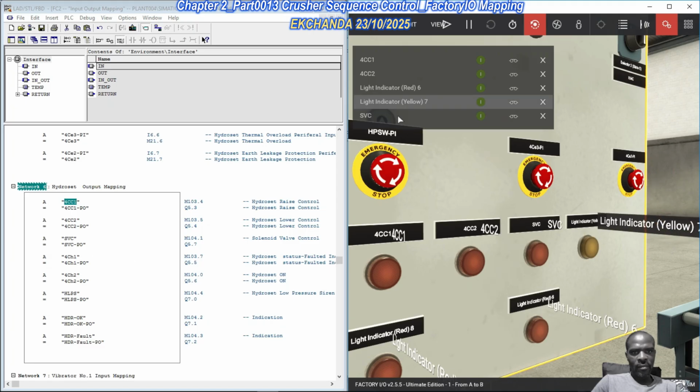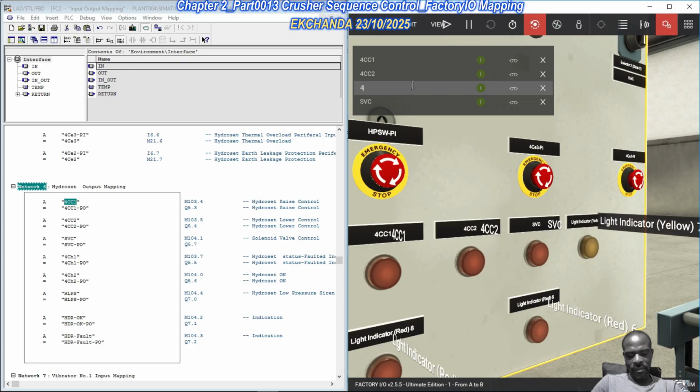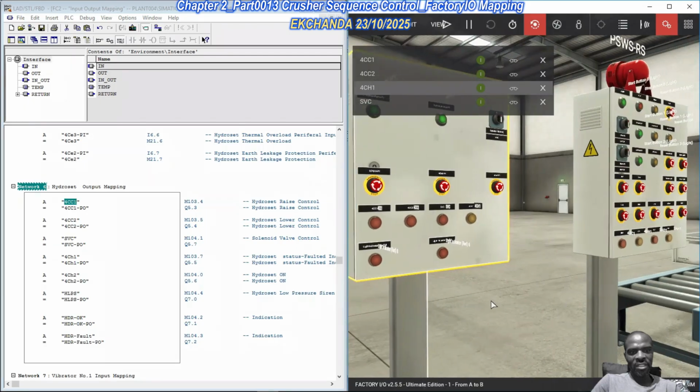So this now becomes 4CH1. So hydroset faulted indication, then there's the hydroset on. We're not going to really talk about the hydroset on because we're using indicator lamps to represent the control of the hydroset, because 4CC1 and 4CC2 drive the hydroset in the upward or downward direction. So these indicator lamps will be sufficient, okay?